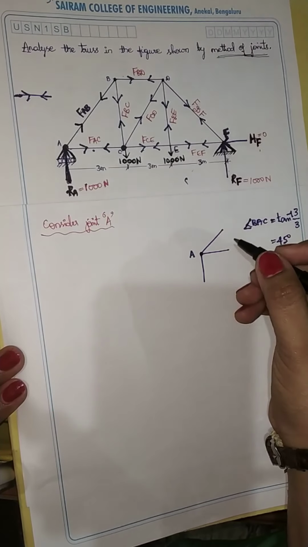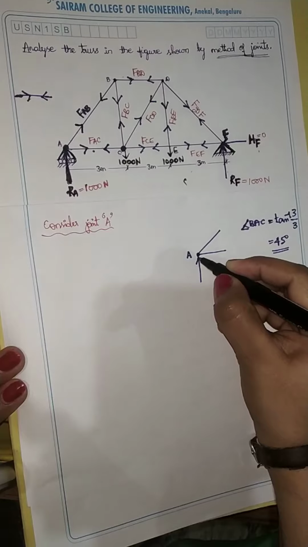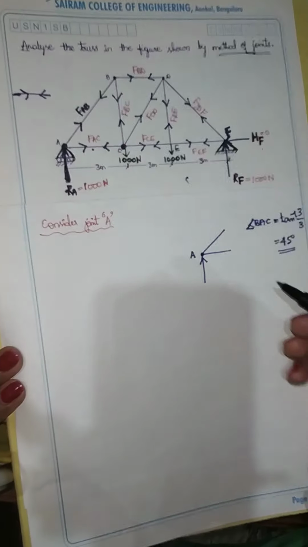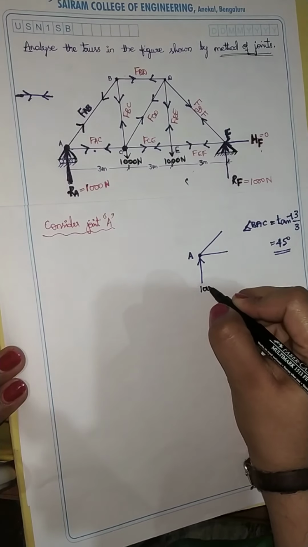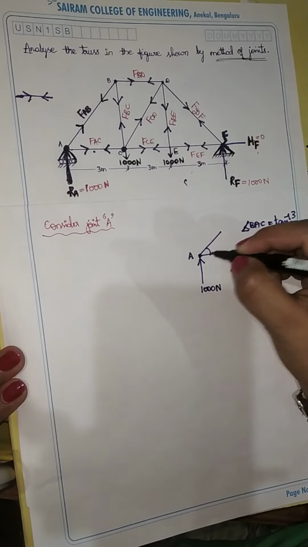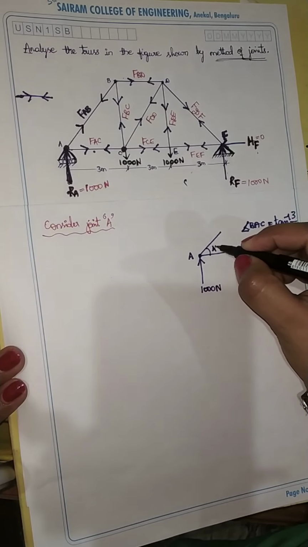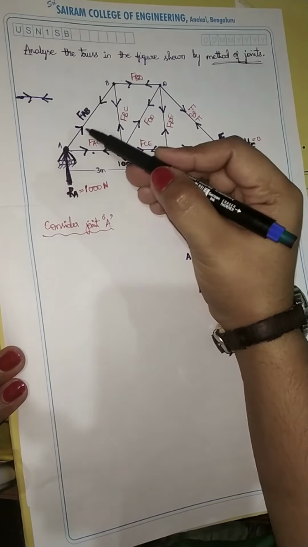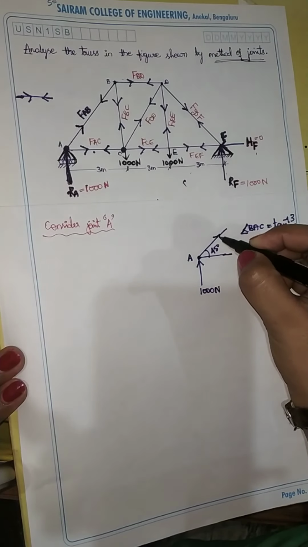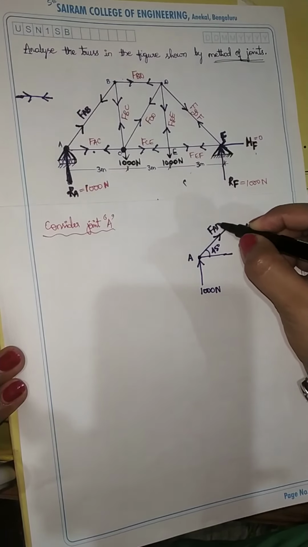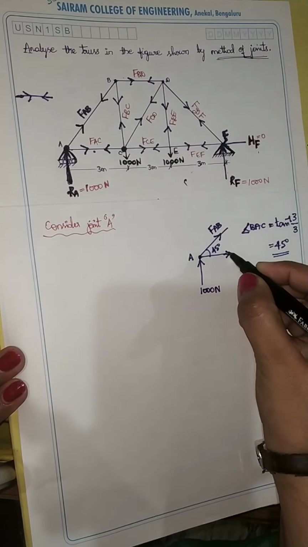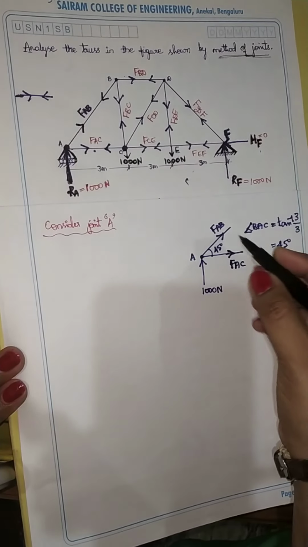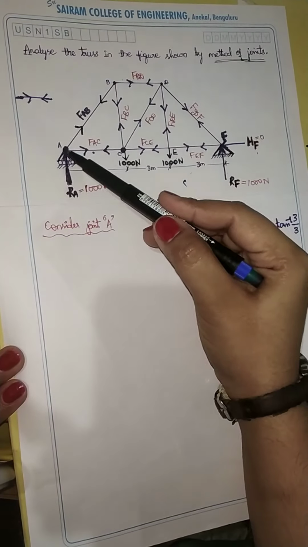Same thing I'm copying, just selecting this part, point A. Here 1000 Newton, and the 45 degree angle. From the joint, take the first arrow, that is FAB, also a tension force. To remember it in an easy way, I say: first arrow from the joint, first arrow.